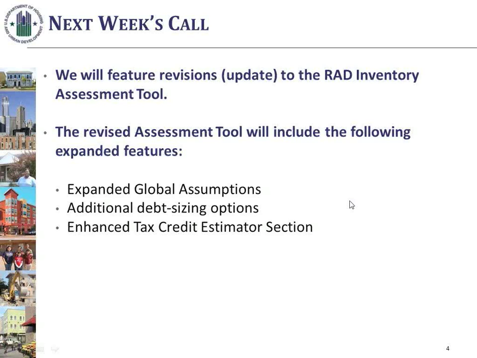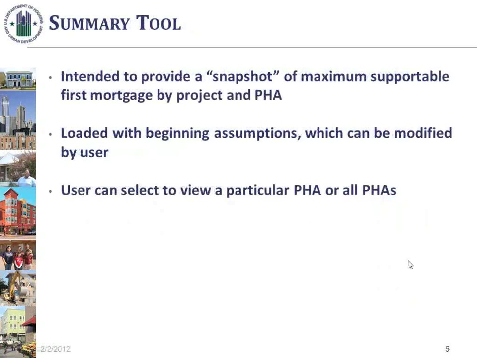It includes more data and explains a little more about the assumptions behind raising equity through the tax credit program, so it's a real enhancement to the inventory tool. Sorry we don't have it today, but we'll preview it on next week's call. Okay, the summary tool, we'll take about 5 or 10 minutes to go through.